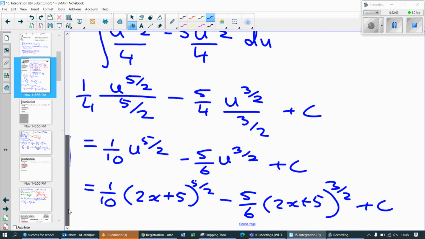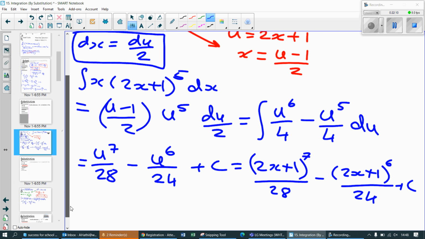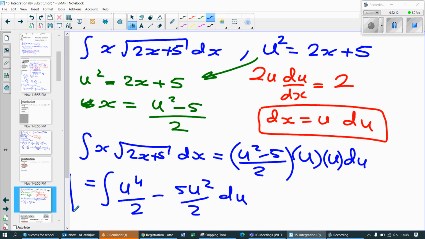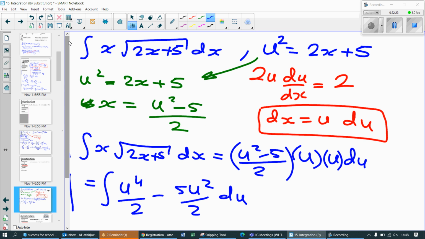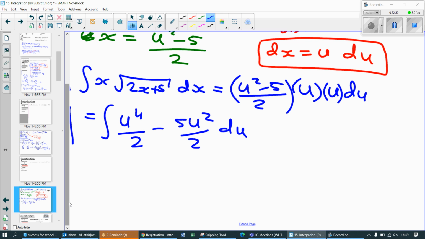You can see that's going to happen, because when you integrate u to the 4, you get u to the 5. But then don't forget, when you substitute back, you've got a square root inside, because it's going to be u to the half. And that 5 and that half will give you 5 over 2. Is everyone happy with the principle? This is how we do this.